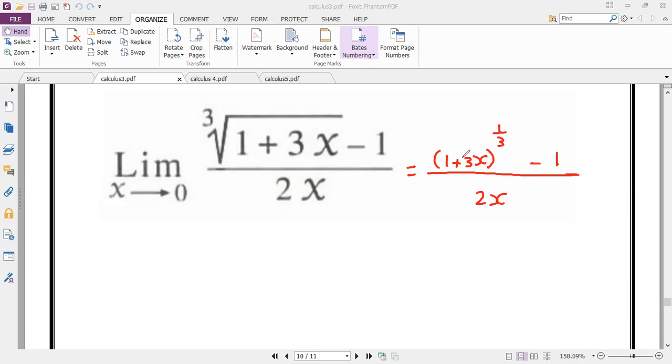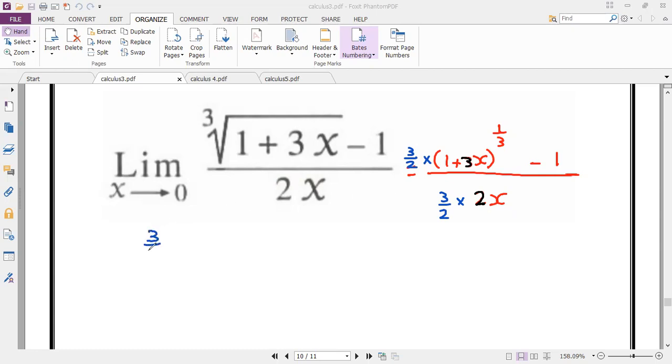We faced this problem in the previous example. The problem here is having 3x. The coefficient of x is 3, and the coefficient of x here is 2. And also we have learned how we can make this coefficient at the bottom as 3. If we multiply it by 3 over 2, it will be 3. And because I multiplied the bottom by 3 over 2, multiply the top by 3 over 2 to make a balance between them.